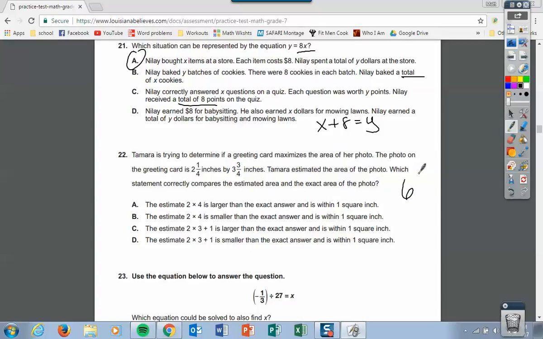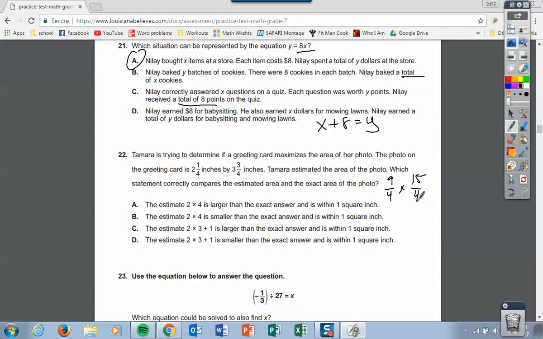We're going to go 2 1/4. We're going to change that to an improper fraction. 2 times 4 is 8 plus 1 is 9/4. Change this one now into an improper fraction. 3 times 4 is 12, plus 3 is 15/4.